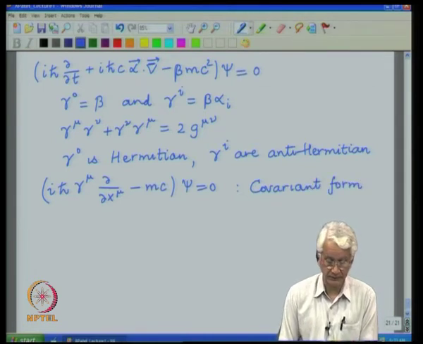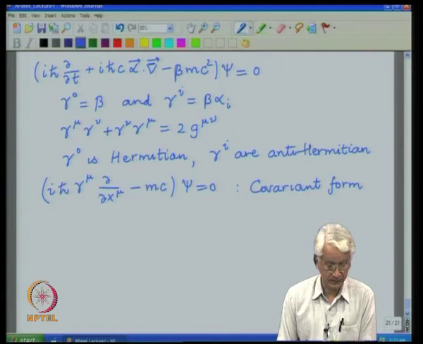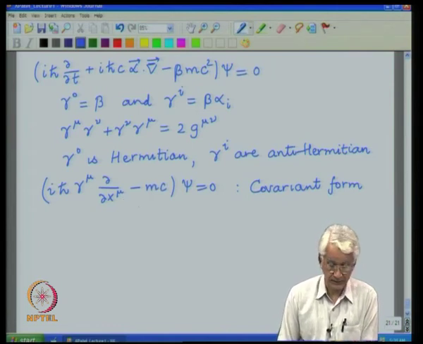And the 4 components of the gamma matrices can be treated as a Lorentz 4 vector, and they will transform similarly under the corresponding Lorentz transformation. We will come to the details again later.